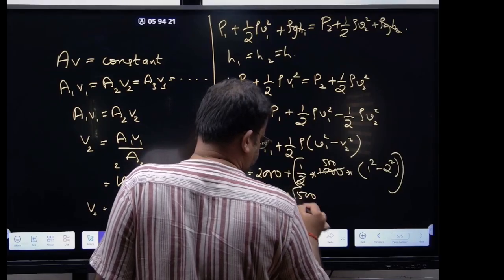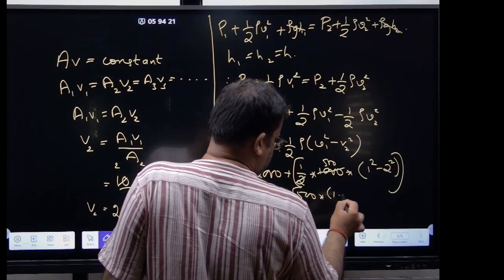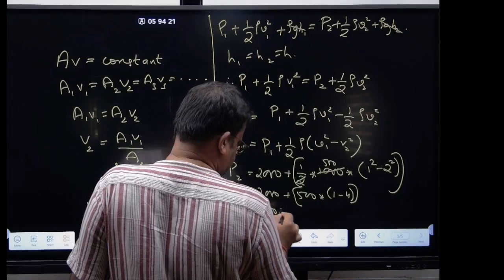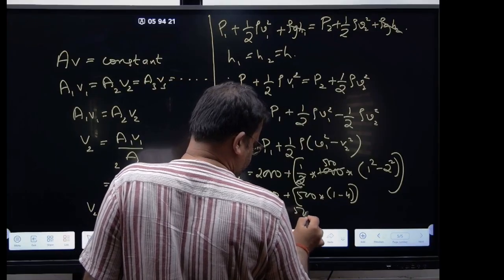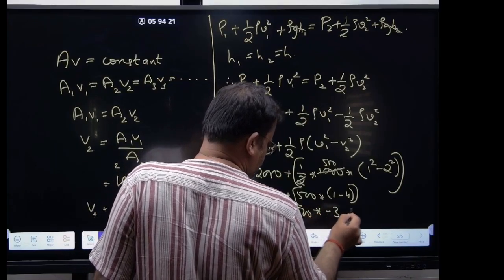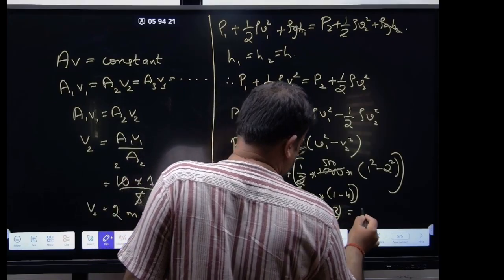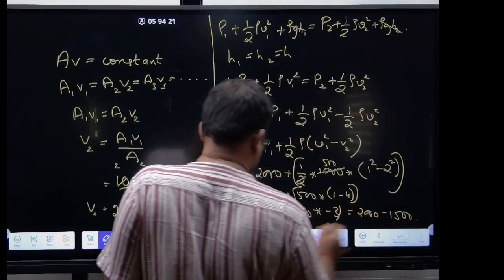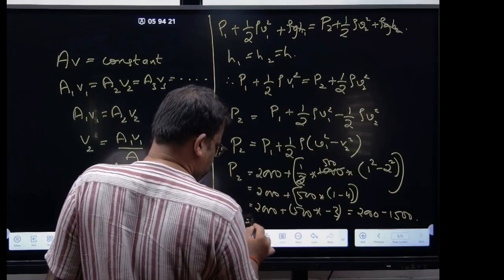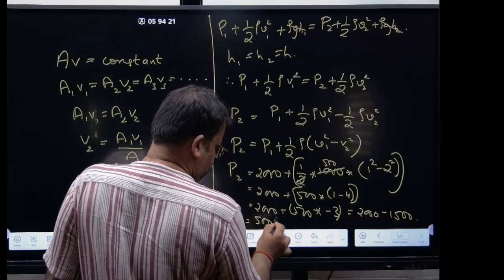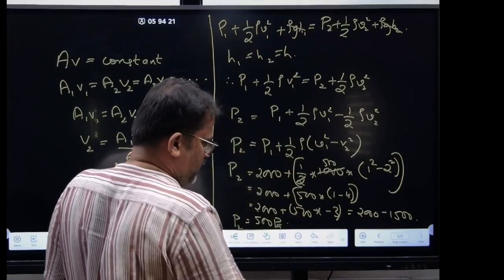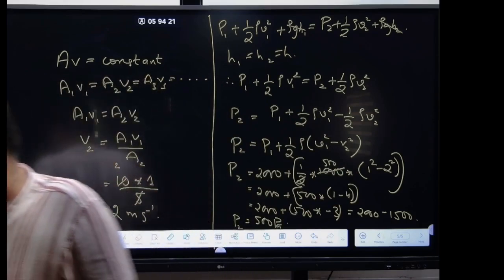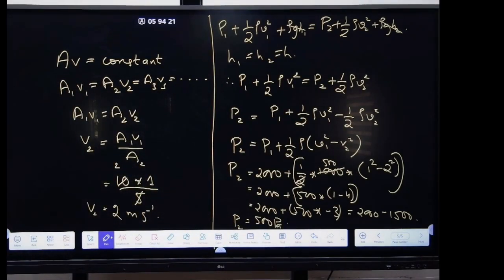So it is 500 in the bracket 1 minus 4, that is equal to 2000 plus 500 into minus 3, that is equal to 2000 minus 1500. Therefore P2 is equal to 500 Pascal. So the right option is option 4. Take it down as it is.